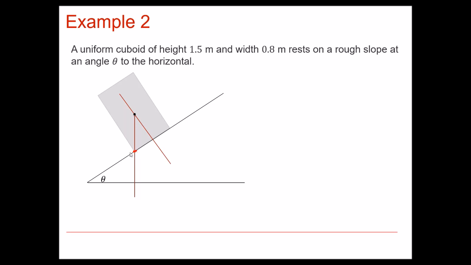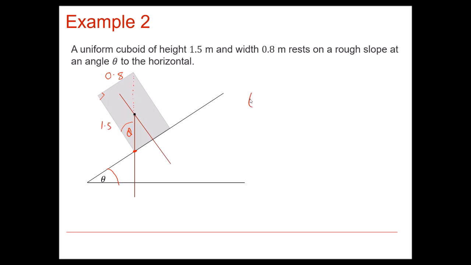Alright, now where is that angle? Can I find this angle on my shape? Well, yes, and probably the most easy way to see it is if I think about something like this. That angle here will be equal to that angle here, and I know that that shape has a width of 0.8 meters and a height of 1.5 meters.